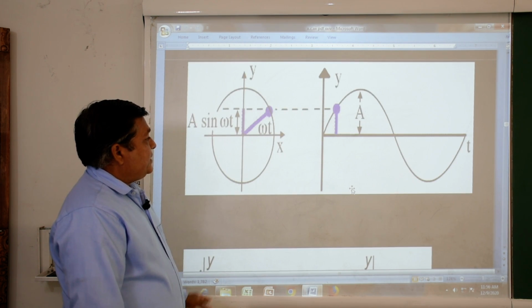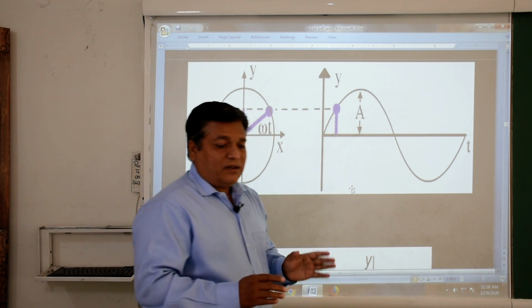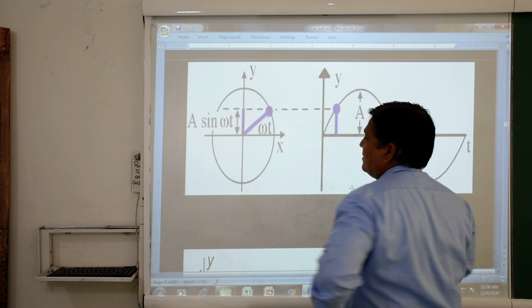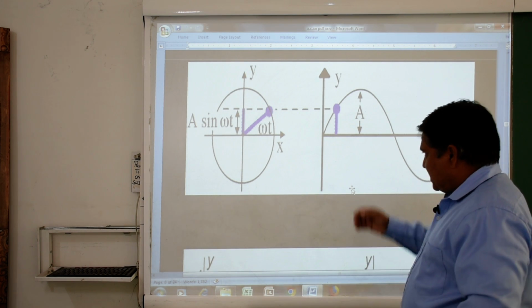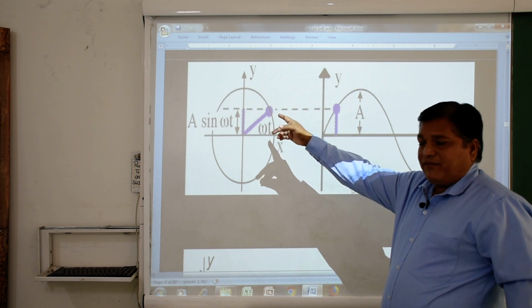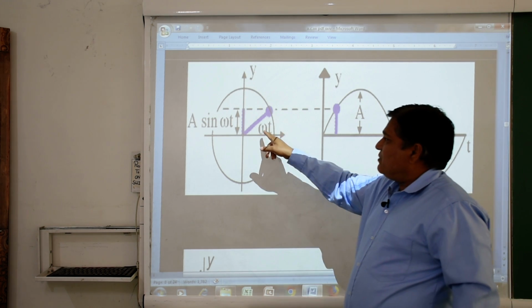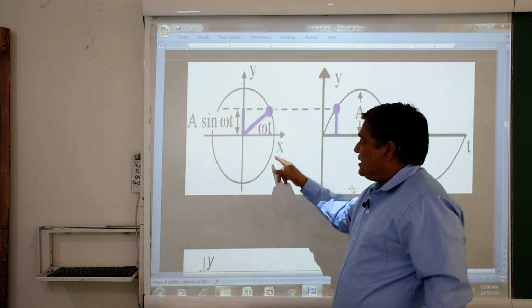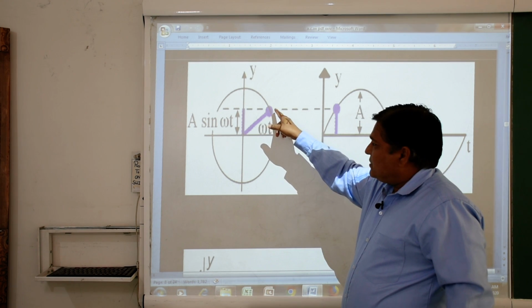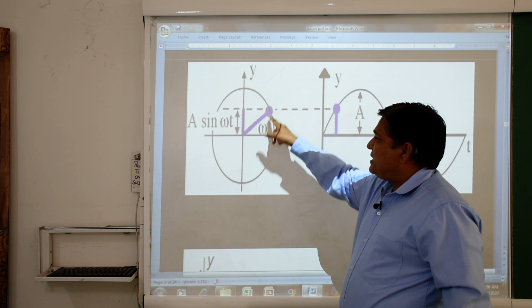We can compare the circular motion of a particle and try to understand the wave formed by the voltage or current. So, if we consider voltage EMF, if it makes angle omega t on this circle at a certain instant of time t, the phase made by the voltage is omega t.